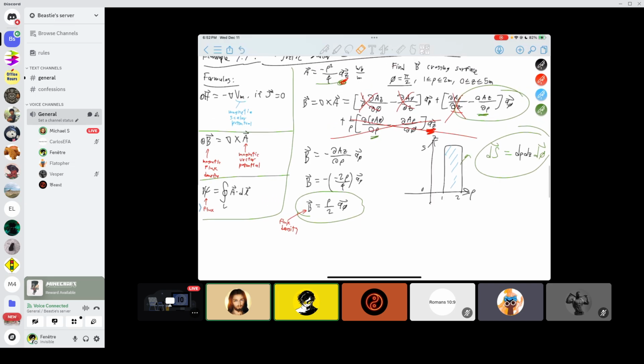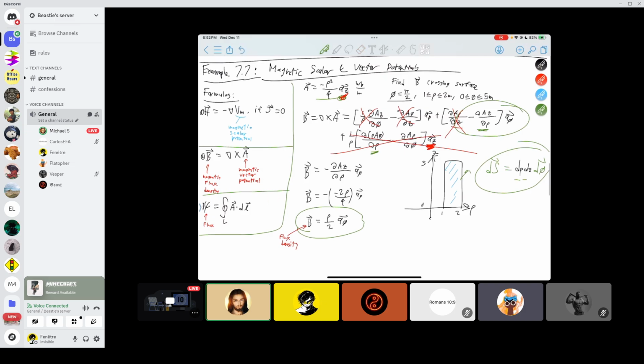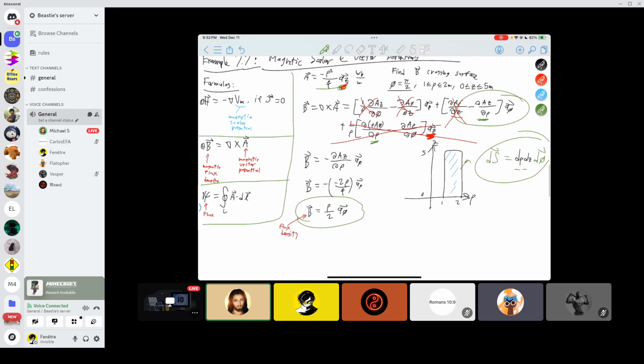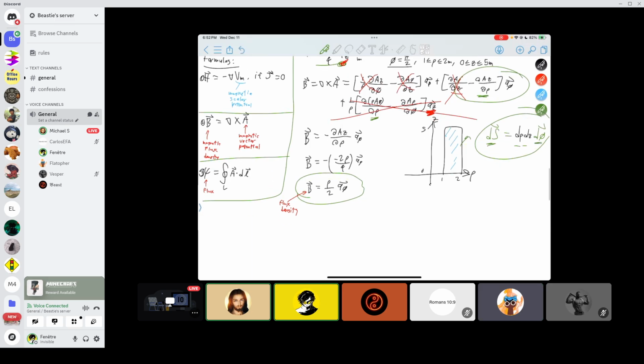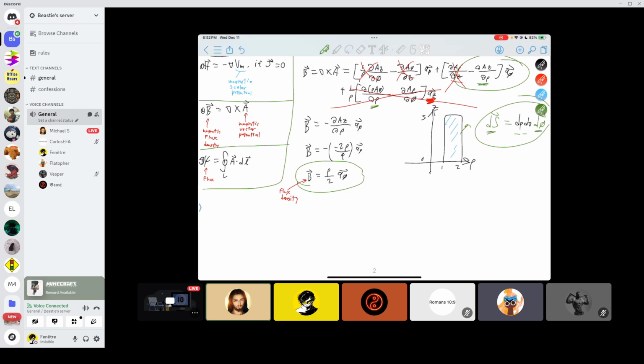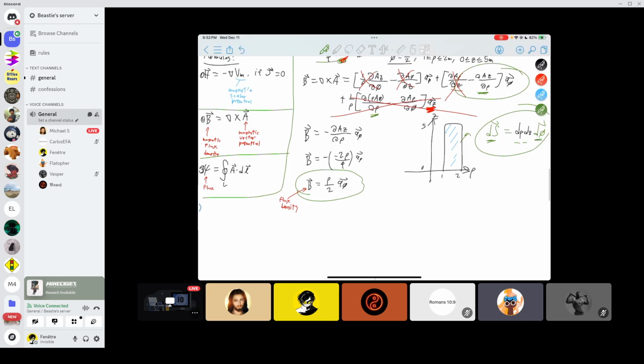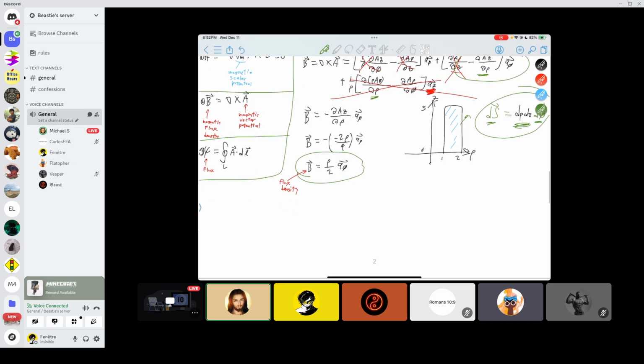And this makes sense that we're integrating with d rho dz as our variables, because that's what's changing. But I first identified what direction my ds vector is pointing in, and it's pointing in the d phi direction. That's why I chose this, because this is a formula.